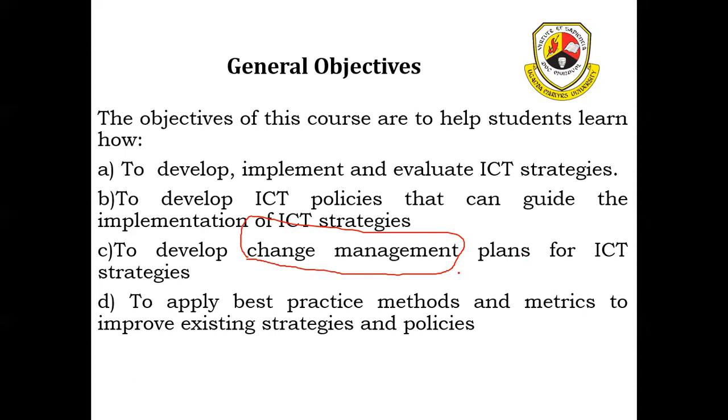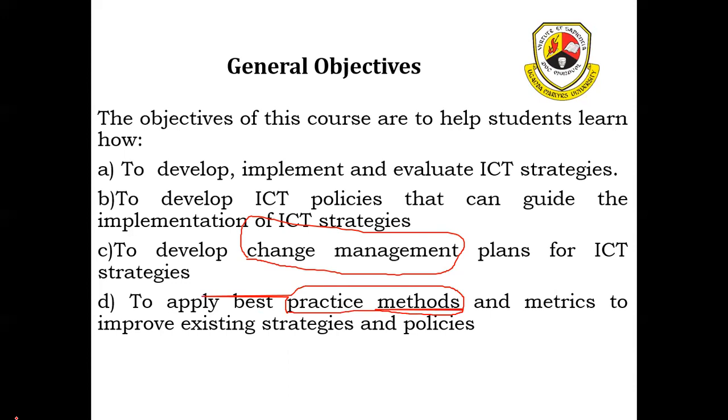This change management must be visible. And we should also see best practices being applied, not just within the ICT department, but elsewhere. Why? Because, coming back to our earlier understanding, ICT now is a strategic enabler.